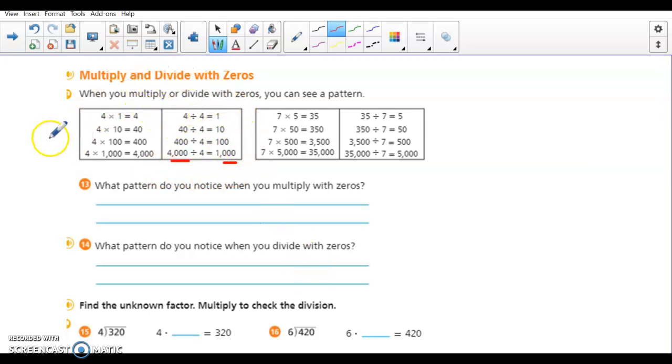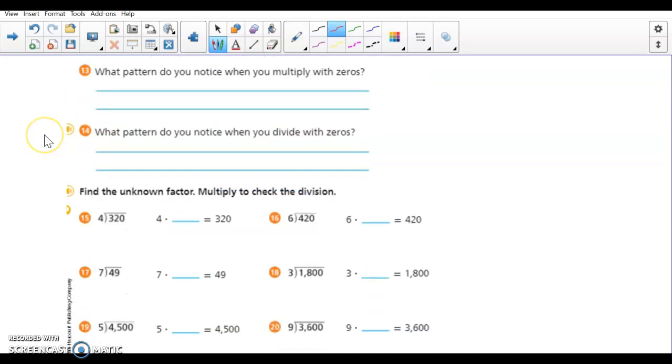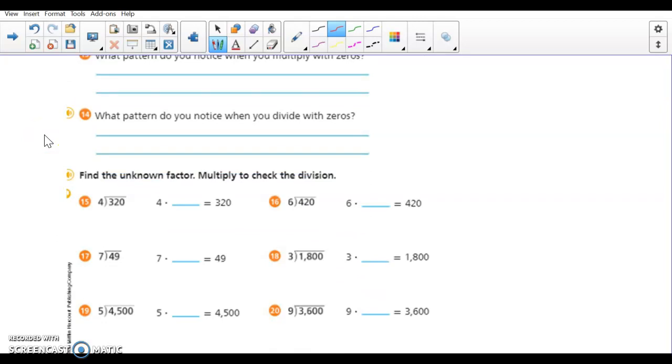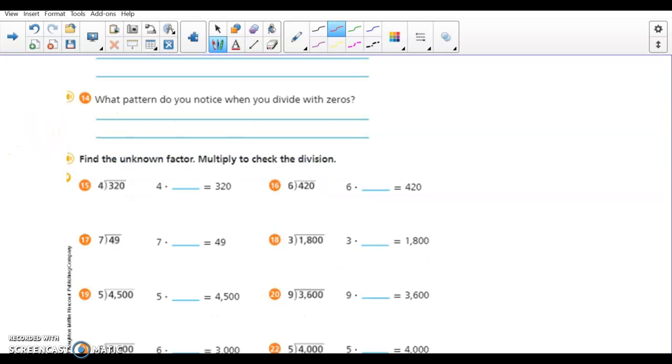So we can use that trick with zeros to really help us figure out the right amount of groups to pull out, especially when we get into dividing larger numbers, right? And so if I just ignore this 0 right now and I think of 4 times something is going to get me to 32, I'm going to do the multiplication first, and then I'm going to go back and use the inverse.